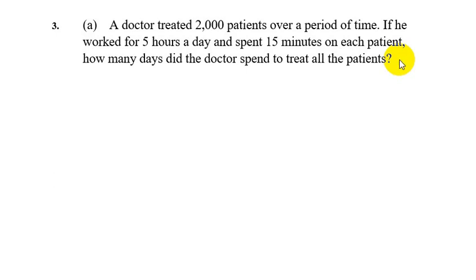So what we have to do is that we also have to know that the doctor spent 5 hours a day. It's very, very important. And we know that every hour has 60 minutes. So let's look at the minutes he spent for all the 5 hours.